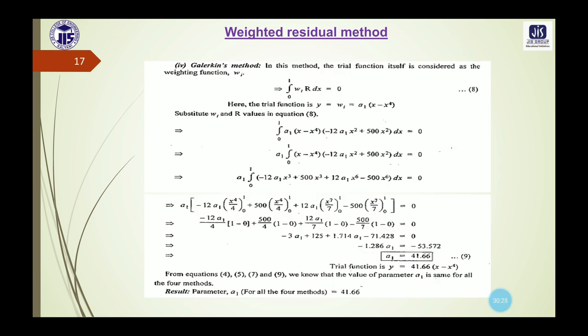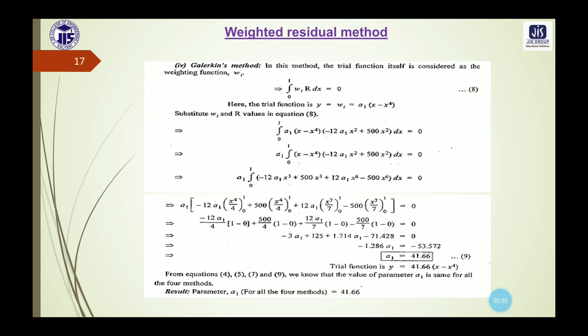And lastly, using the Galerkin's method, we need to find the a1. Now here, in case of the Galerkin method, we know the formula, which is integration 0 to 1, within the domain, w r dx equals 0. But the trial function is actually here the weighting function.